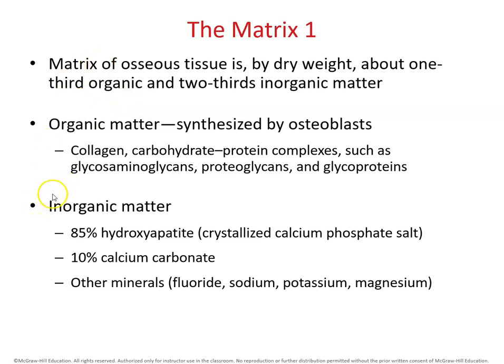We also have inorganic material, and inorganic material is things that aren't carbon-based. Mostly we have hydroxyapatite, and hydroxyapatite is a compound of calcium and phosphates. We also have calcium carbonate, and then some minerals, notably magnesium and fluoride, are in there.